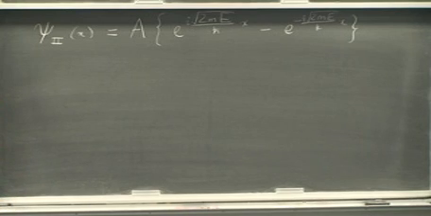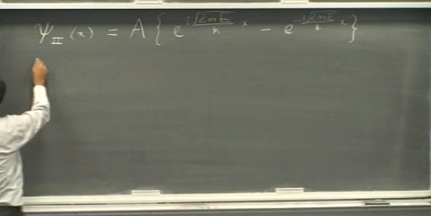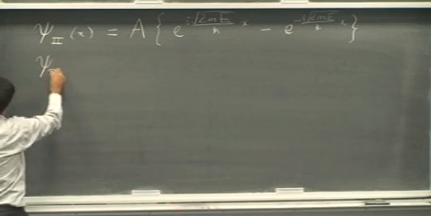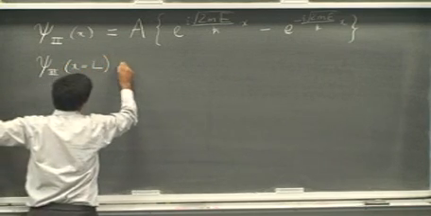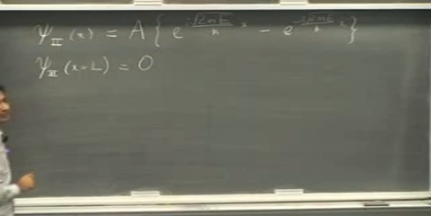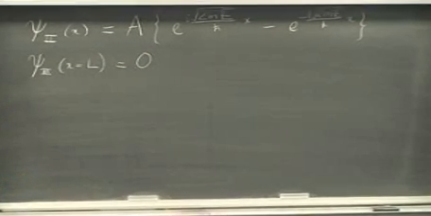Now there is an interface between region 2 and region 3 as well. We know that in region 3 the wave function at x equals L must be equal to 0, because in region 3 the wave function is 0.